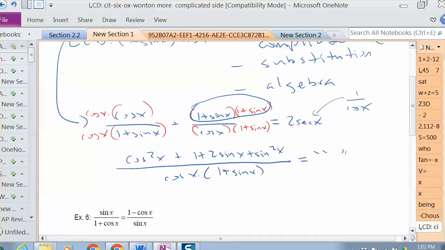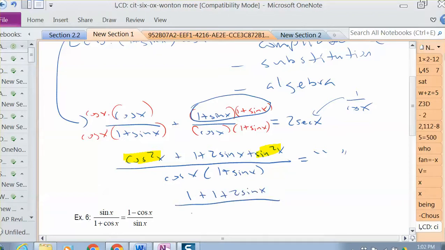Now, fortunately, I see this opportunity where I can combine sine squared and cosine squared. So together, that will become 1, and you still have the 1 plus 2 sine x. And of course, the bottom is all this.